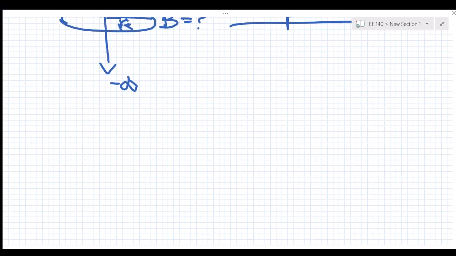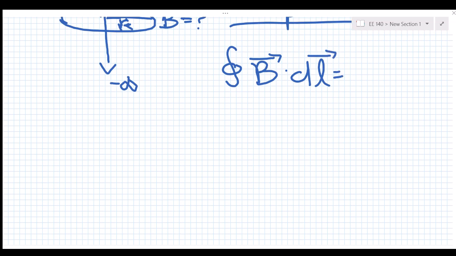Ampere's law is the integral of B, the magnetic field on the loop, dl, which are the little segments that make up the loop, equals mu naught, which is the permeability constant, times I, which is the current in the wire.